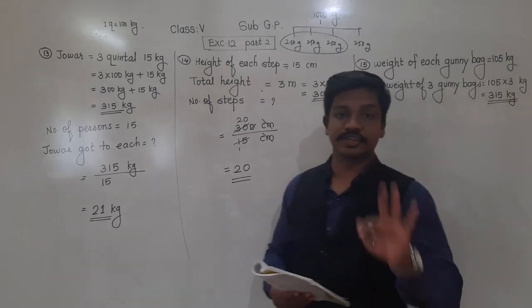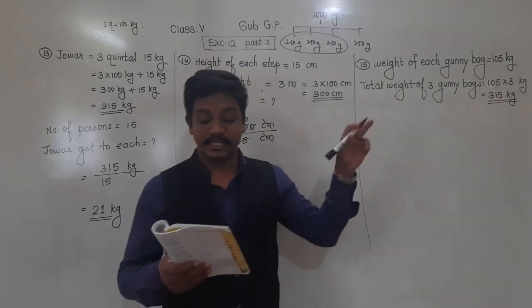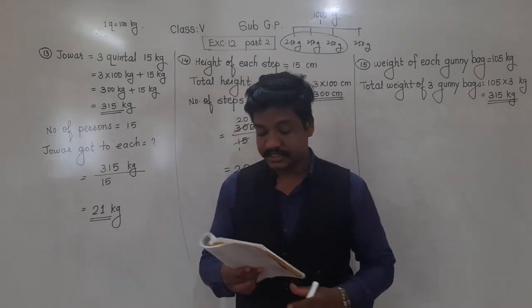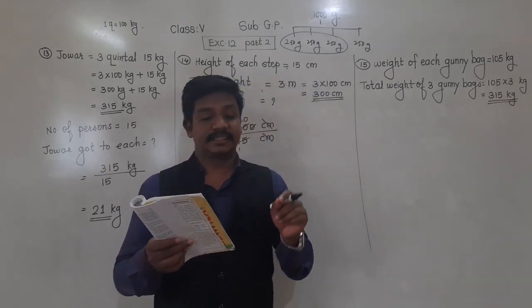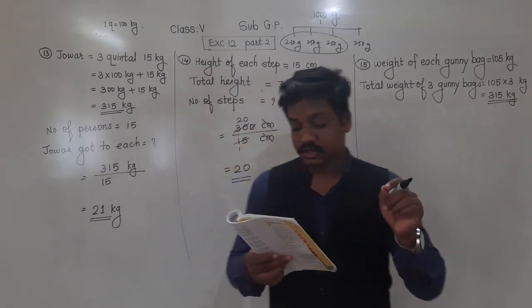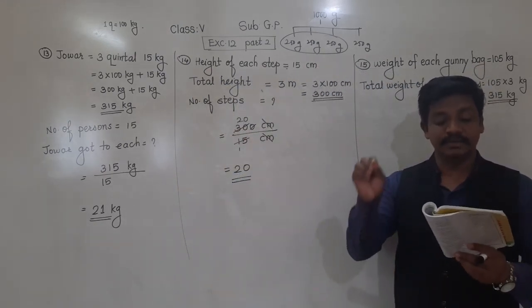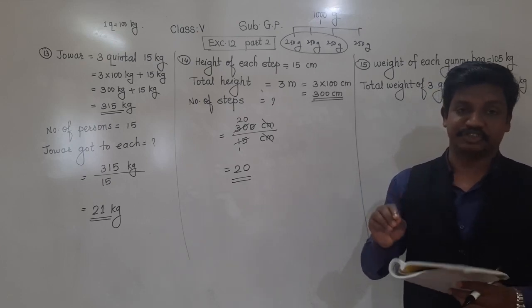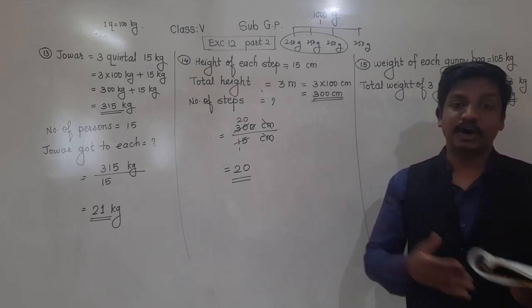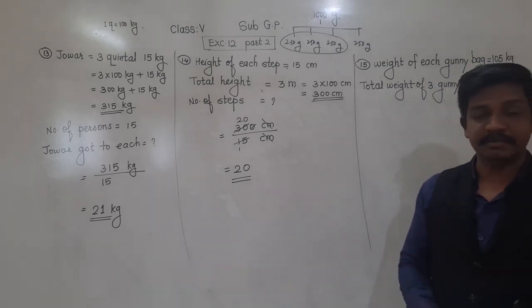This is the total weight of 3 gunny bags. Now from this, small bags are packed. Small bags weighing 450 gram each are packed. So how many bags are required? How many bags are made?